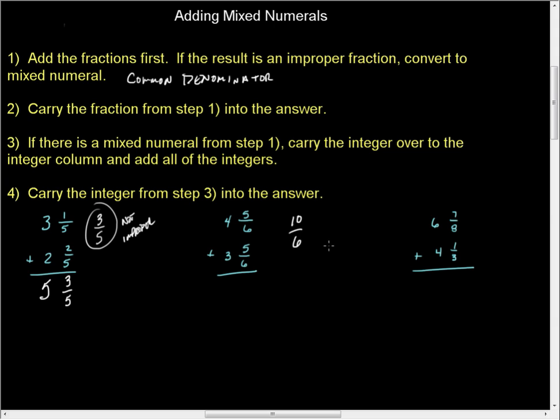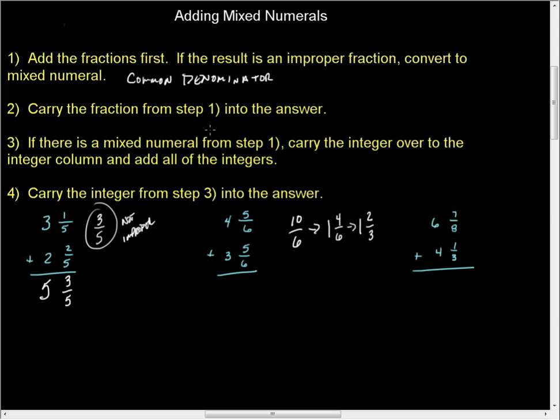Oh, wait, now we have an improper fraction. We have to convert that to a mixed numeral. All right, so 10/6 goes to, now when we convert, we divide 6 into 10 for once, and then we have 4 left over, so 4/6. But now 4/6 can become 2/3 when you reduce, so this is 1 2/3.